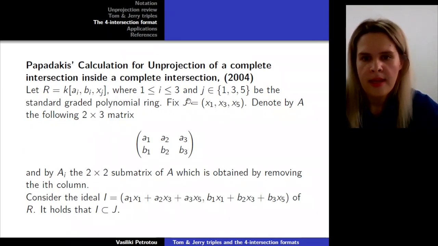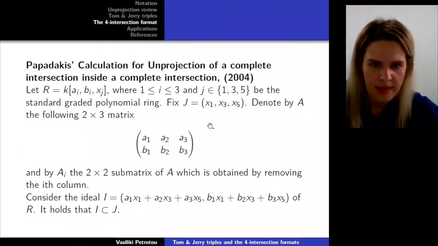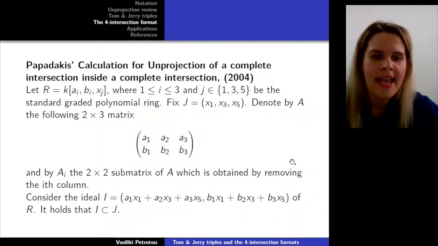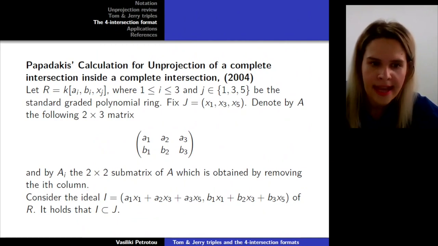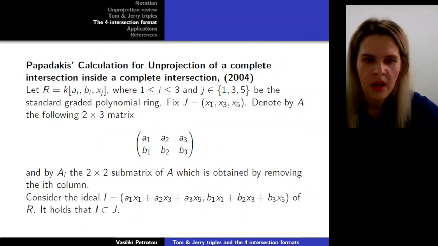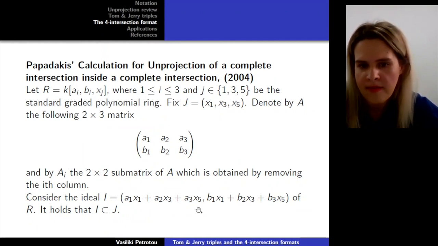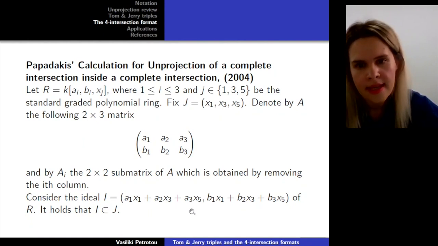We fix J to be this codimension 3 complete intersection ideal. We denote by A this matrix, and by Ai the 2 times 2 submatrix of A which is obtained by removing the ith column. We consider also the ideal I to be of this form, and it is not difficult to see by observing the generators that this ideal is contained in ideal J.